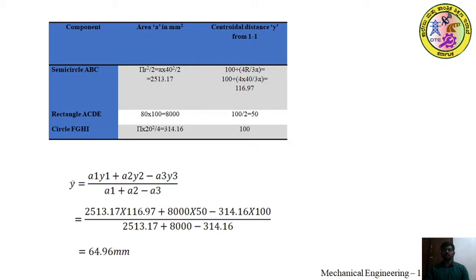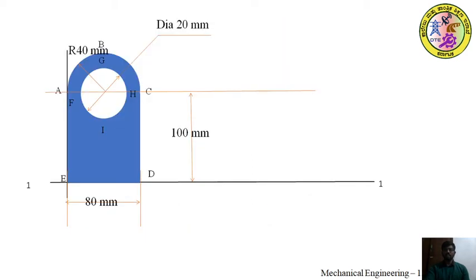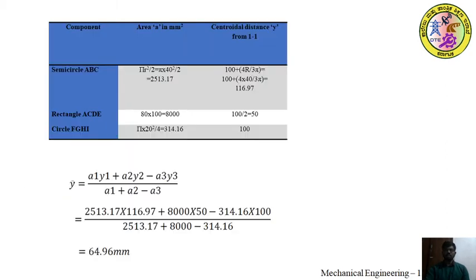So now the value of y1 is equal to 116.97 mm. You can see from the figure that the distance from the reference axis 1 to the CG of the semicircle is 116.97 mm.